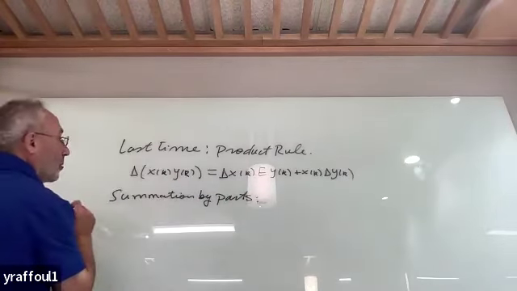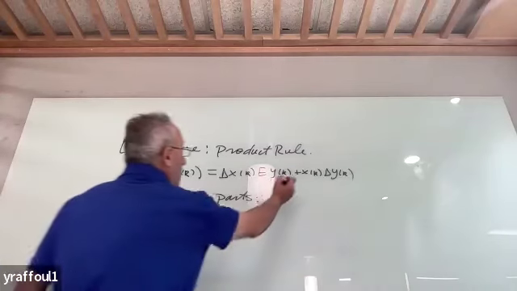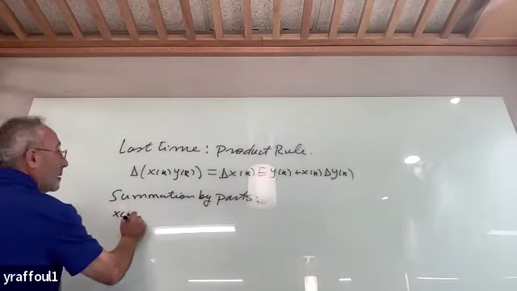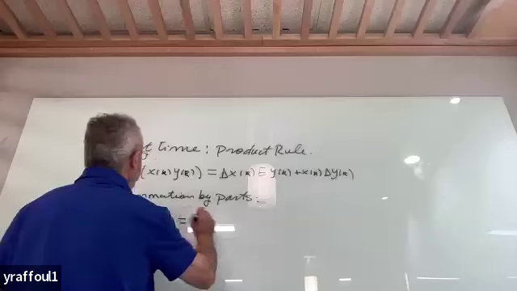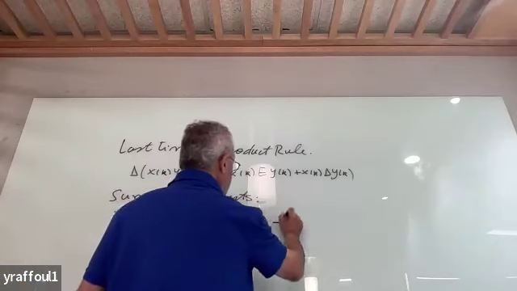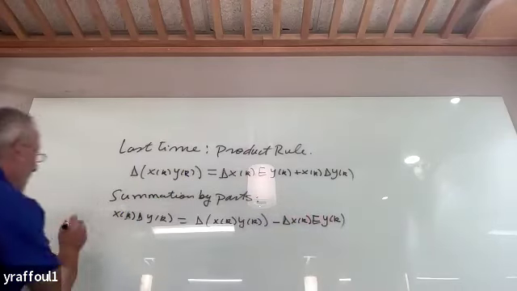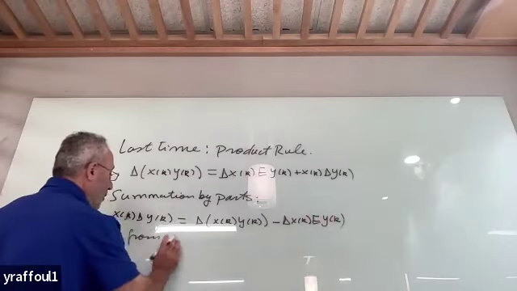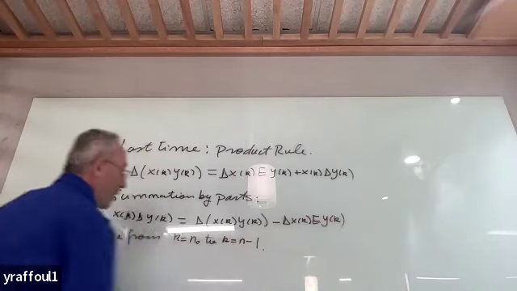I'm going to write x_k del y_k equal to del of x_k y_k minus del x_k E y_k. Now I'm going to sum from k equal n0 to k equal n minus 1.